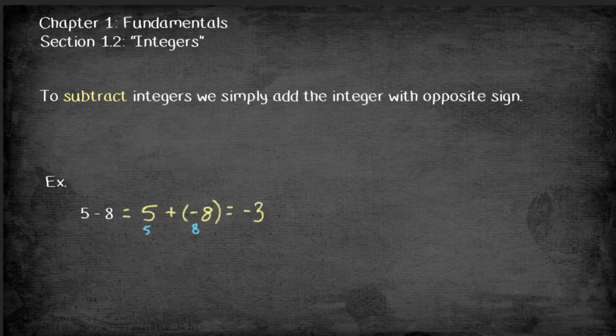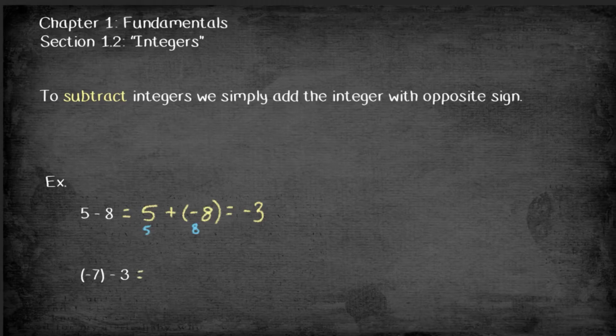Now, it seems kind of counterproductive to do things this way, but we'll see in a minute why this is a helpful idea. Okay, here we have -7 minus 3.